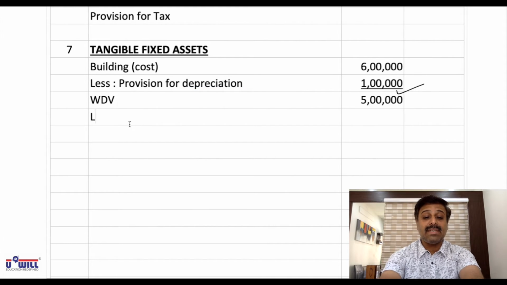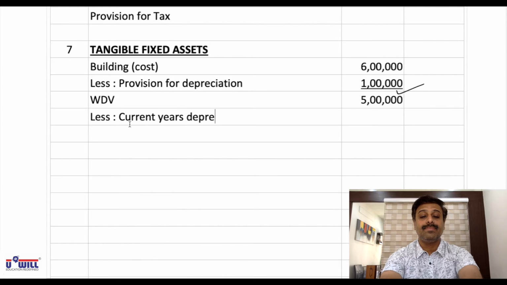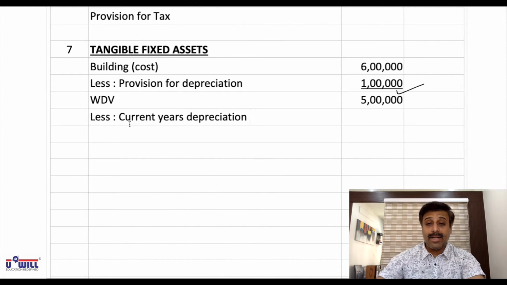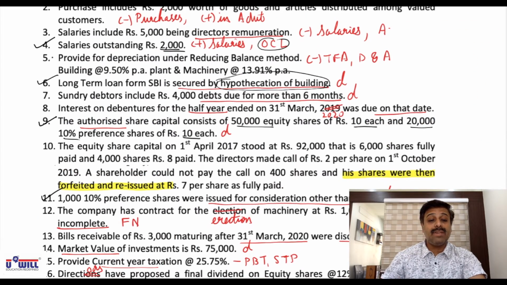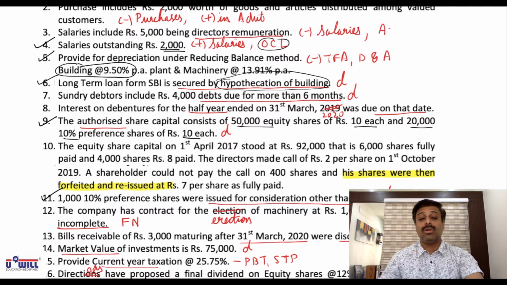Then from that we'll subtract current year's depreciation. Now current year's depreciation you'll find in the adjustment, adjustment 5. 9.5% is on buildings.